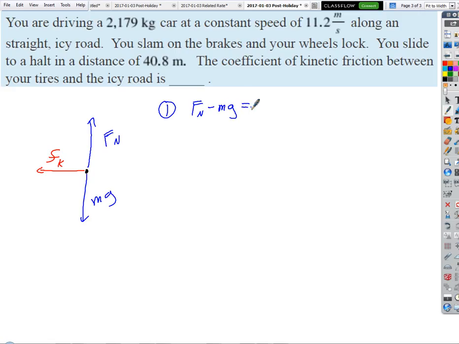Okay. And what is the vertical acceleration? Zero. So normal force equals mg is what we decided from the last case, right? We solve for normal force.